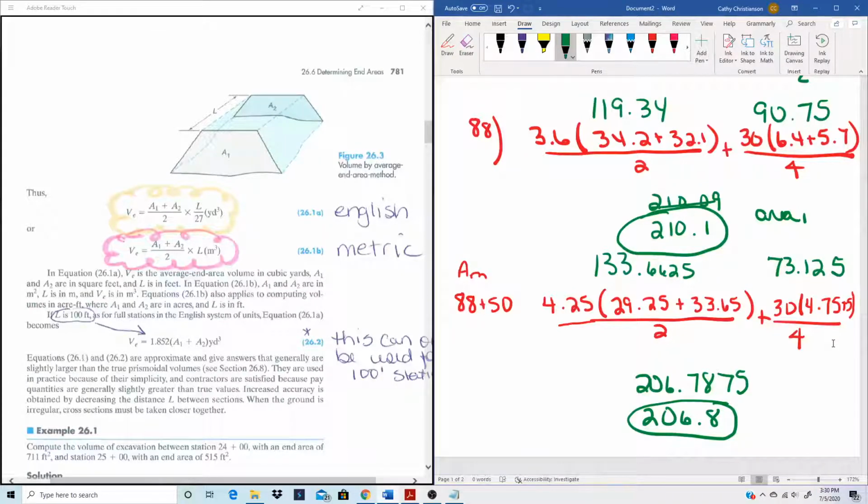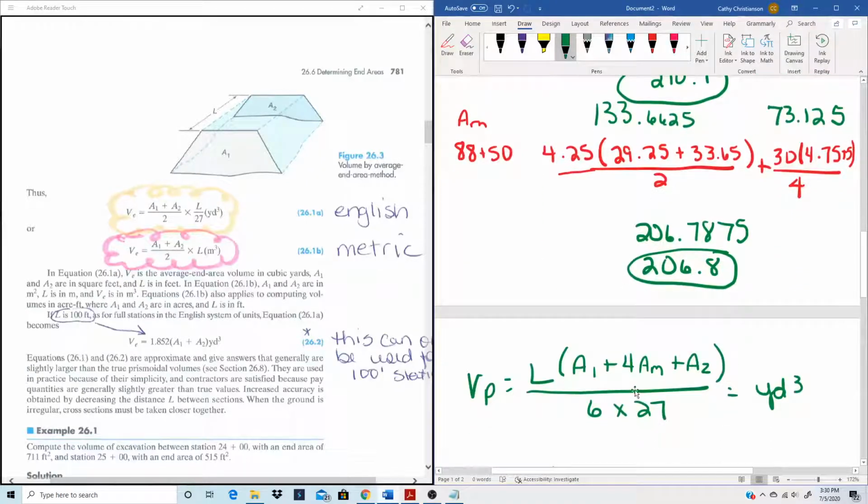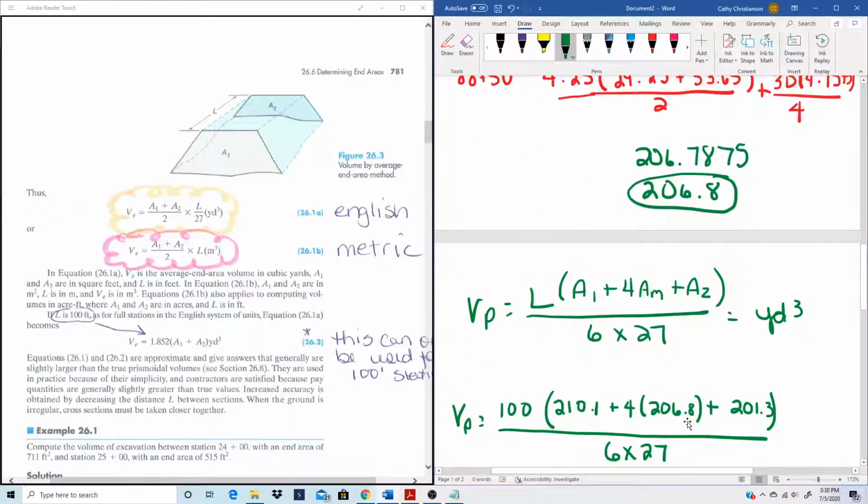Okay, I agree with the first one. I agree with my area, so I'm agreeing with all that. So let me check, make sure I have my area in the middle. It might just be the rounding because everything looks good.